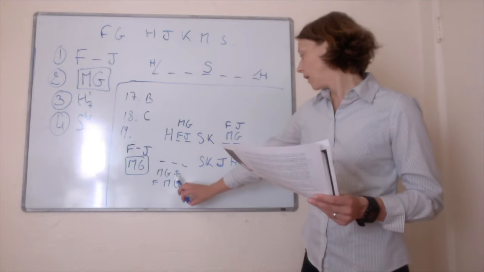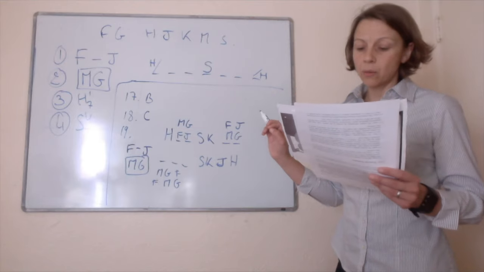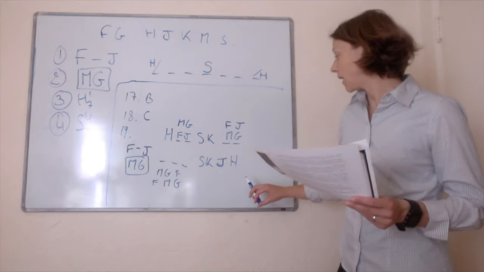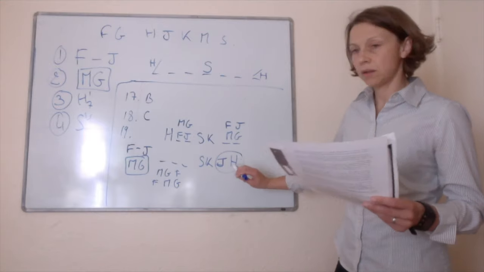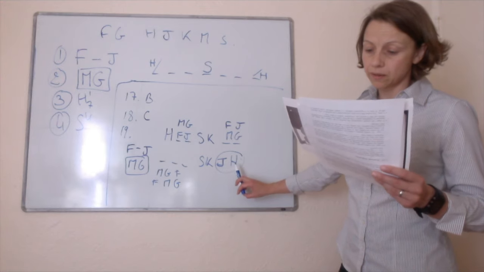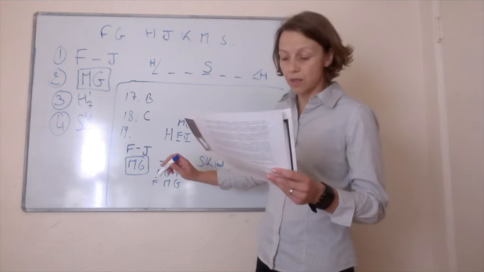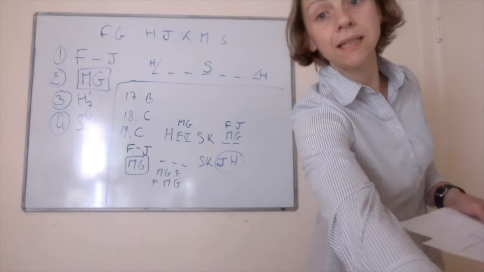Not here. And G and J not here. So they cannot be next to one another. What about C, H and J? Yes. Here is a possibility for them to be together. They can be together. So C is your answer. Okay, let's move on.